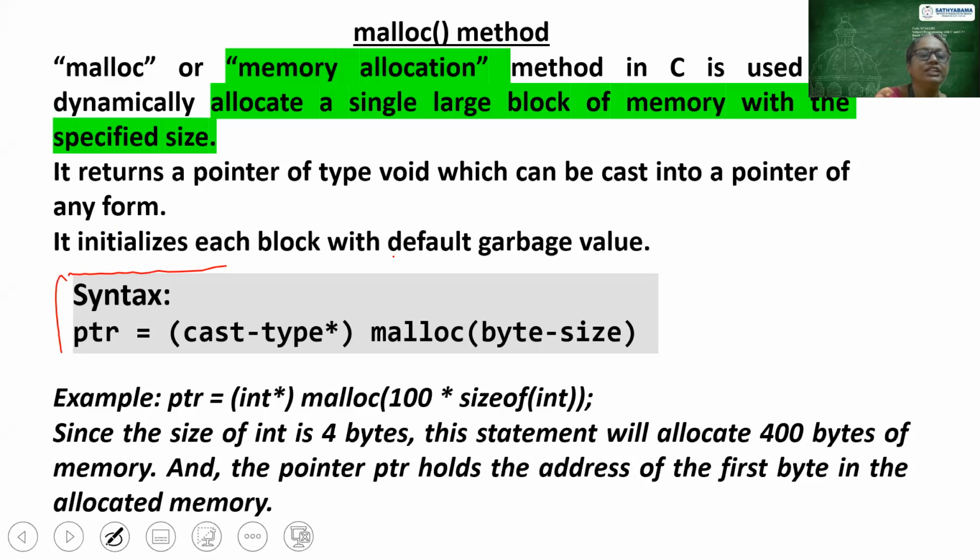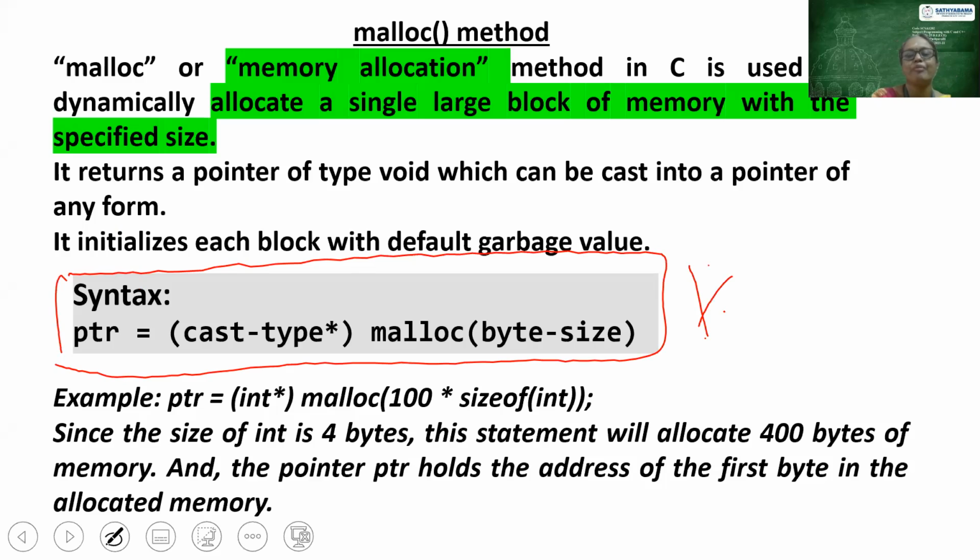Please write down this syntax. This time we have asked one thing in two more: write the syntax for the switch case. In a similar way, the syntax is very important. You have to know that.